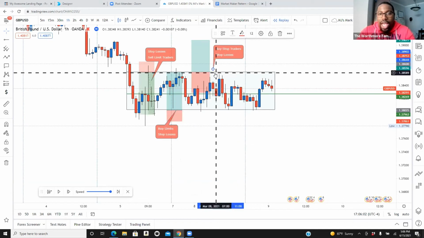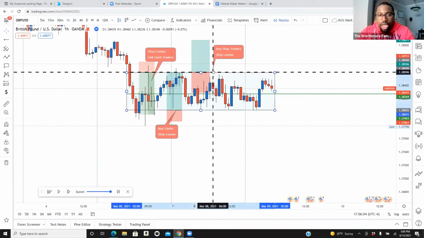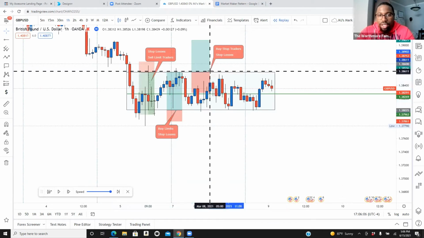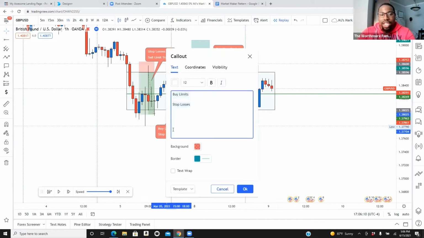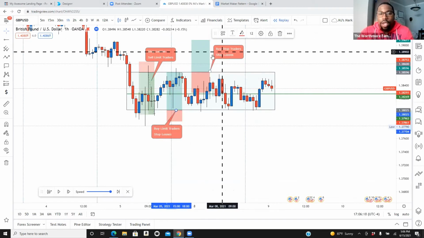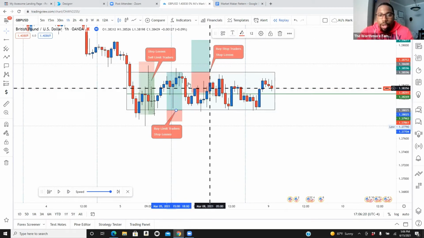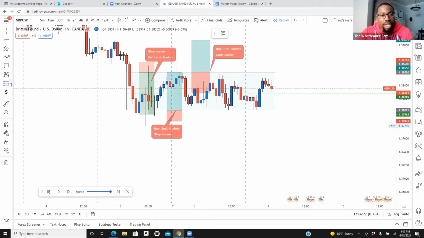You're starting to see now how this setup is coming in, right? You're starting to see how this is making a market. This is making a trading environment by limit traders. Okay, this is making a trading environment for people like you and I. Okay, so we got our buy stop traders with their stop losses here, and then last but not least, we have our sell stop traders.